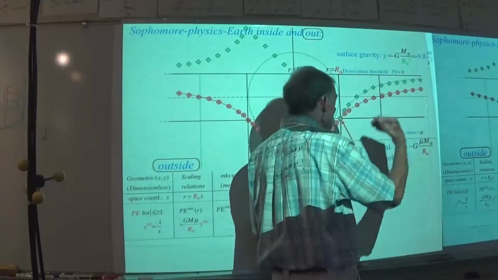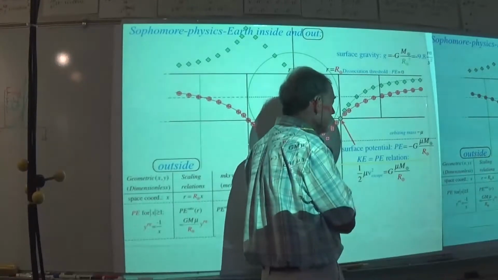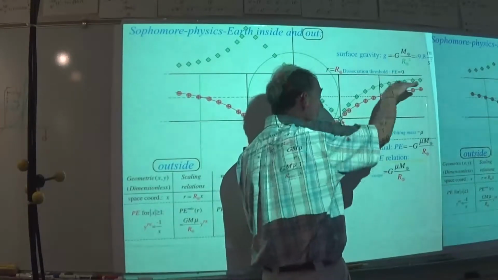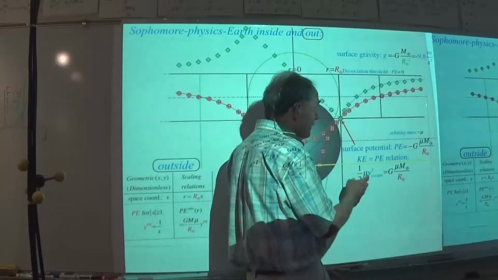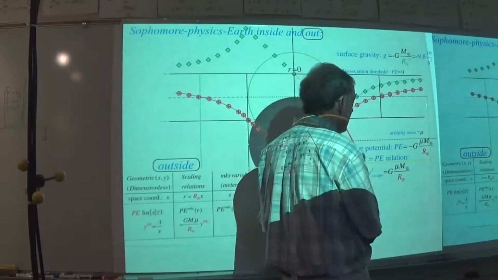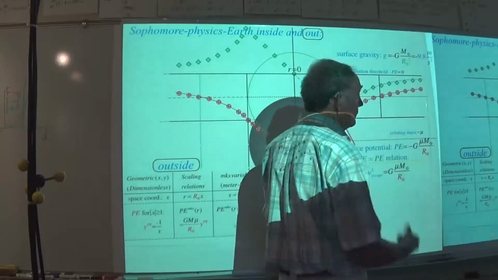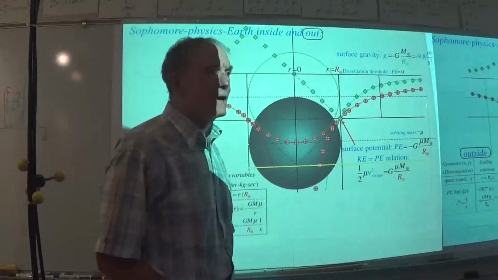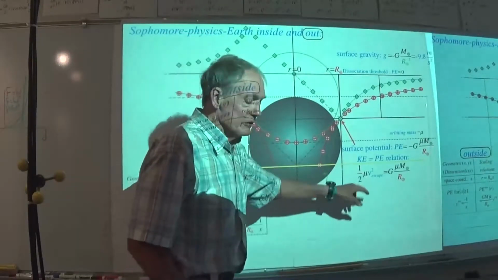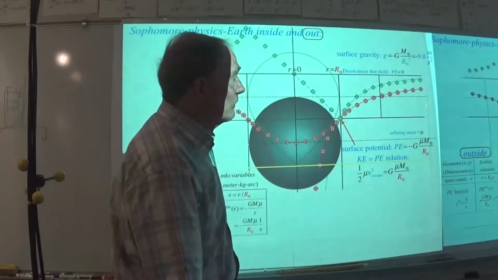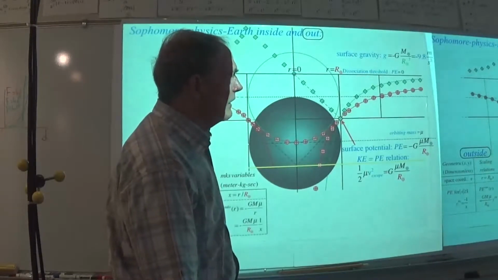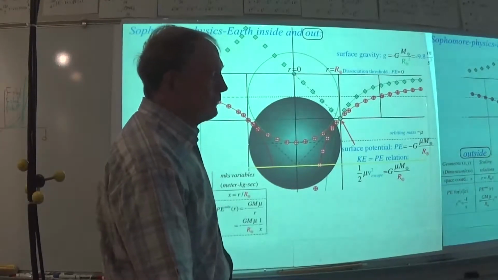I'm coming from very far away and crashing here. Time reversal is I send this thing out and it goes to infinity. So I have the kinetic energy here equal to the potential, right? That's the way you find out what the escape velocity is. So let's go ahead and do that. That's velocity escape is the square root of something.